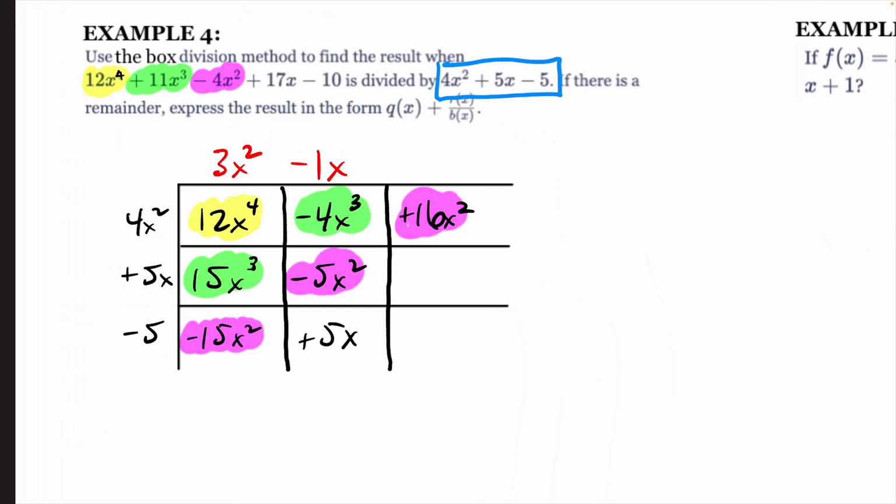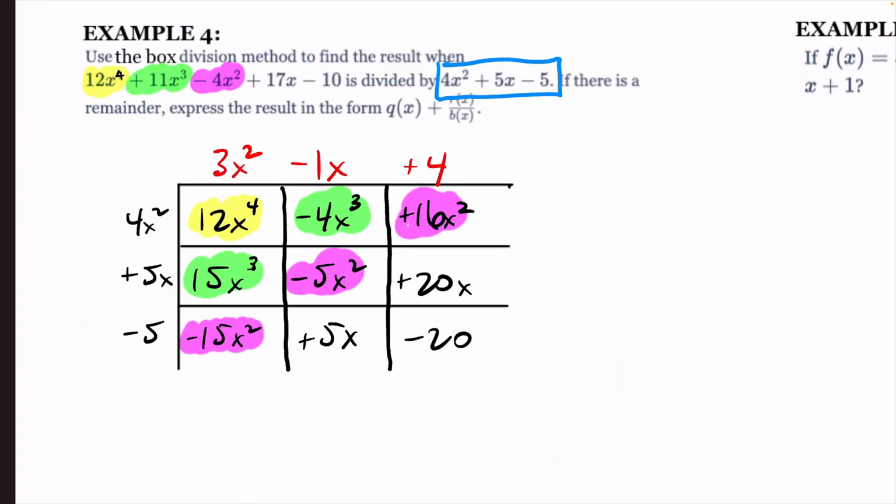Okay. 4 times 4 makes 16. I don't need any more x's because I already have x squared, and I need to make x squared. 4 times 5 is 20x. 4 times negative 5 is negative 20.